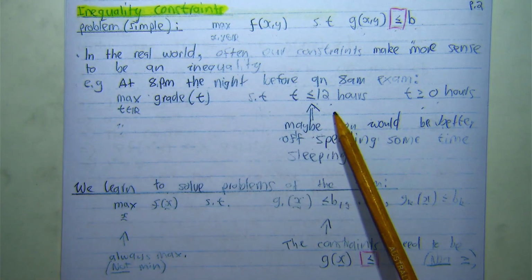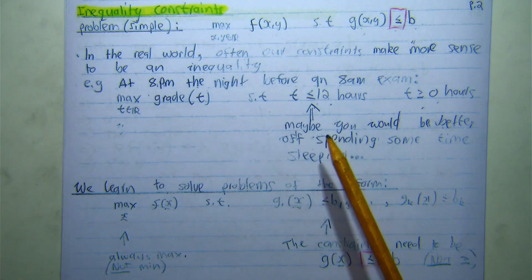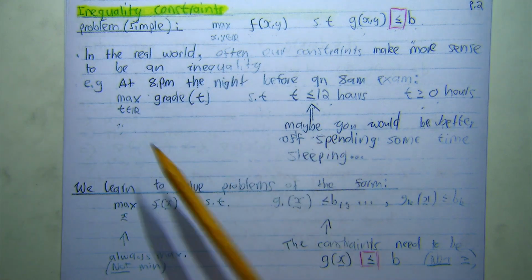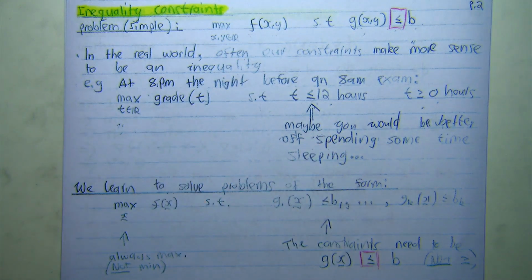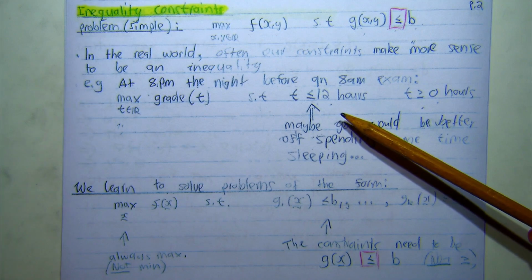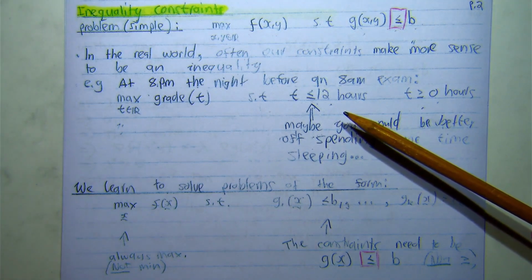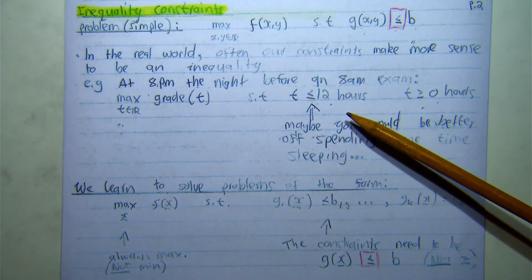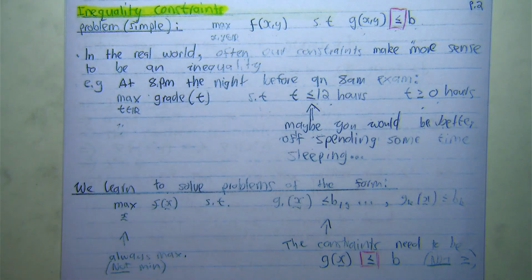On the flip side, maybe you want to back off and spend some time resting, and that might have a better effect on your performance for that exam. And in this case, your constraint is you have up to 12 hours to spend studying. You don't have to spend all 12 of them. You can spend up to 12. And this would be a quick example of an inequality constraint optimization problem.